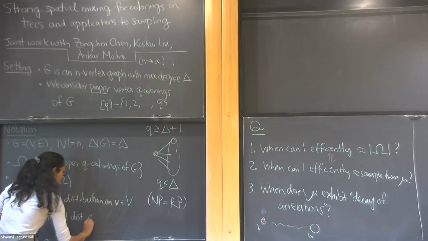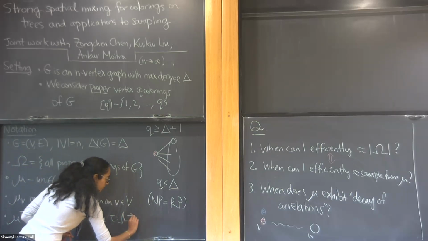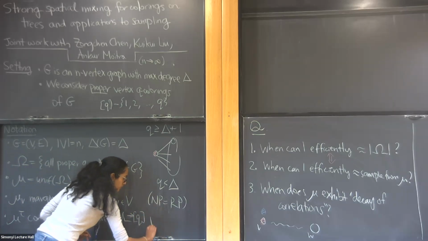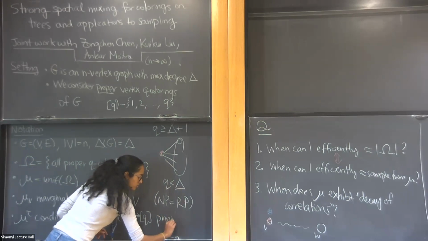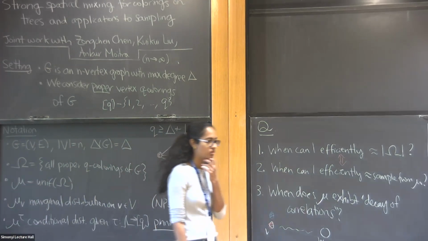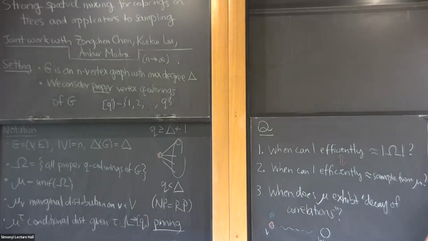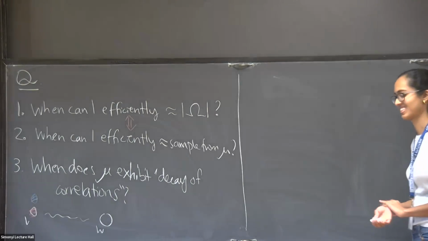This is the distribution given some partial assignment, which I often call a pinning, because we pin some of the vertices. Some people actually call it something else, but I think a lot of things in this field have many names, some old, some new, and even these notions of decay of correlations get so many names.